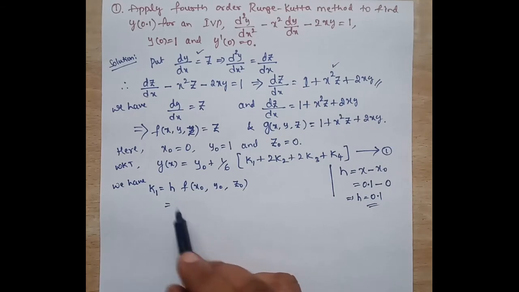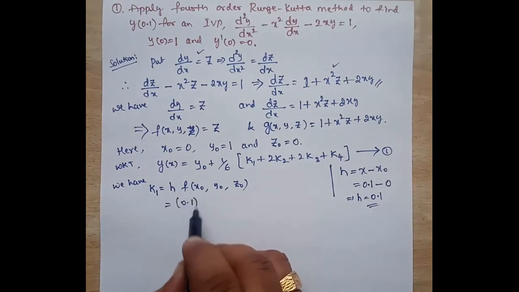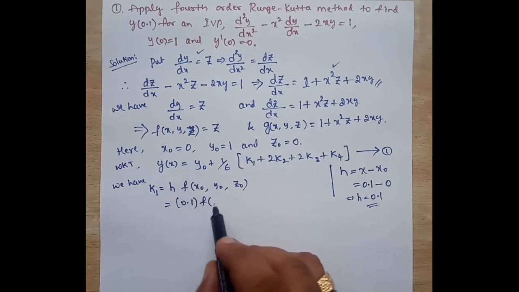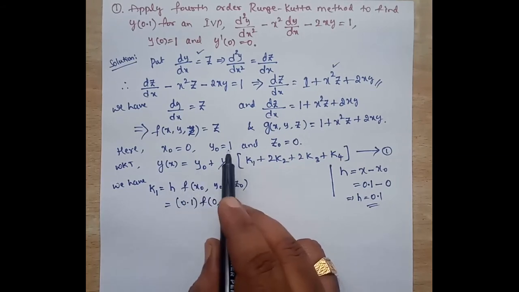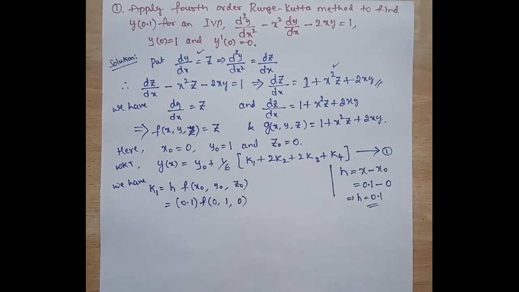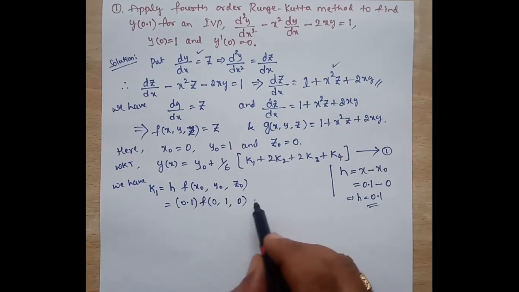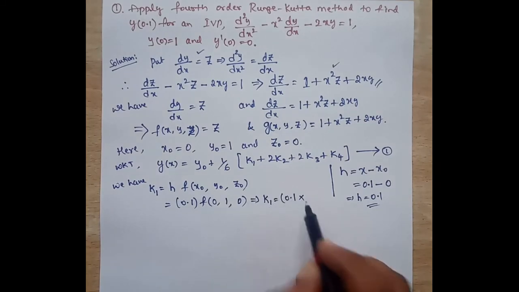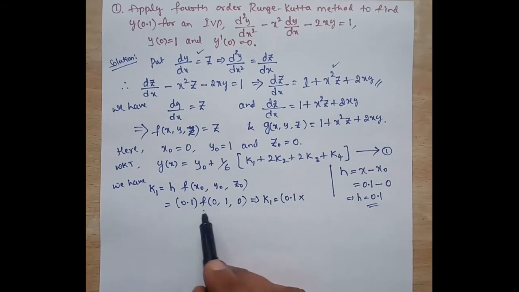So substitute that here. It is 0.1 into f of x naught. What is x naught? 0. y naught? 1. z naught? 0. Now this implies k1 is equal to 0.1 into f of 0, 1, 0.